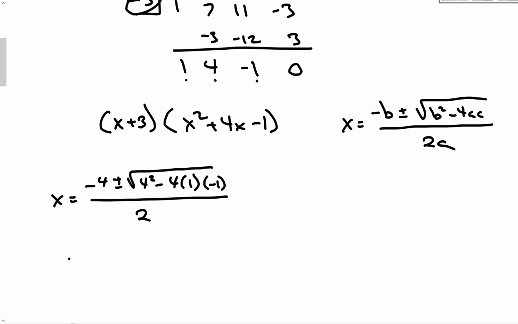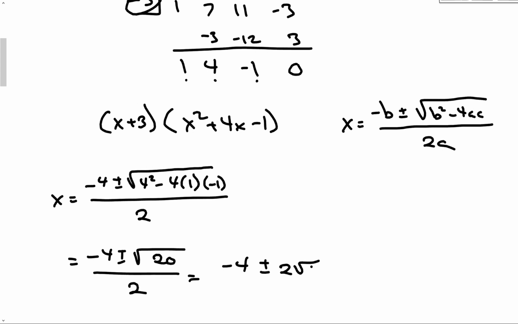That gives me negative 4 plus or minus the square root of 16. Negative and negative turn positive, so that's 16 plus 4, which gives me 20. So that's over 2. The square root of 20 I can simplify: 4 times 5, so that's 2 square root 5 over 2. And of course, I can reduce to give me negative 2 plus or minus the square root of 5.